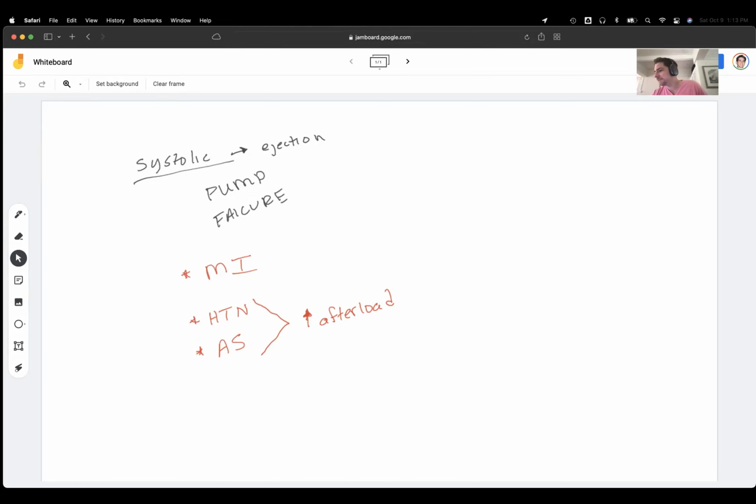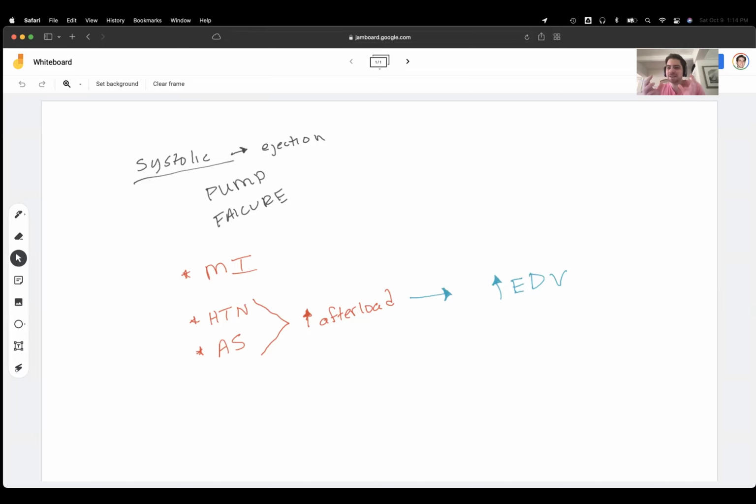Now, what happens at this point? We're going to have a backlog of blood in the ventricle, okay? That means we're going to have an increased end diastolic volume, okay? So what am I saying? I'm saying that the pump has begun to fail. You're squeezing so much and it's failing, so the blood that is supposed to go out of the ventricle is staying in the ventricle, okay?